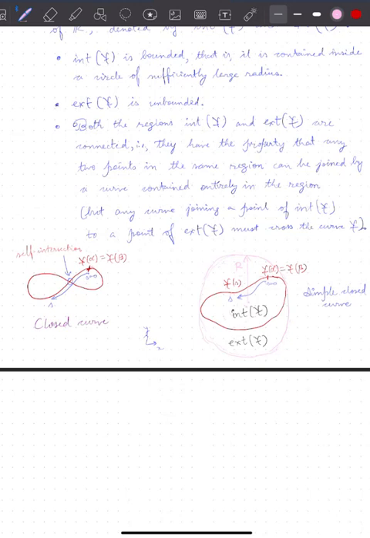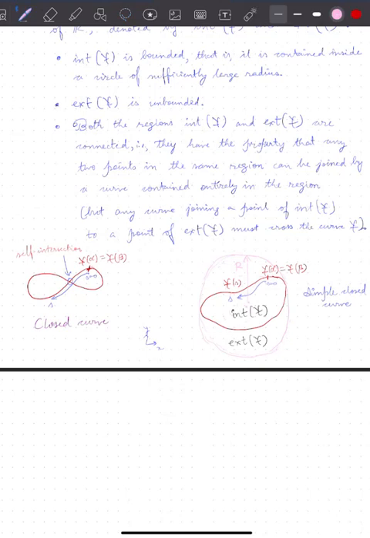You cannot bound it; the area in this case will be infinite. But of course, not exactly infinite, because it has a certain region which is excluded, the region which is the interior of gamma vector. So the exterior is unbounded and the interior is bounded.